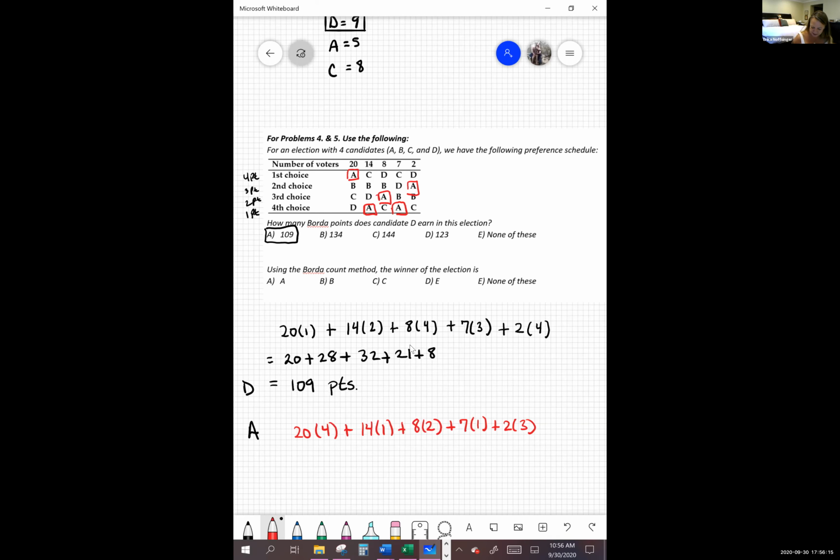So this gives us 80 plus 14 plus 16 plus 7 plus 3. Let me just see if I can do this. 14 plus 16, that's 30. 30 plus 10 right here, that's 40. That's 120 points.